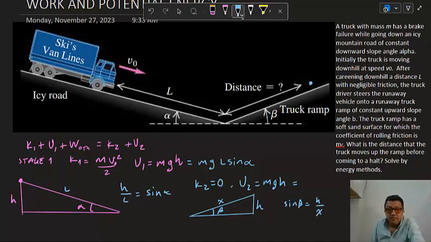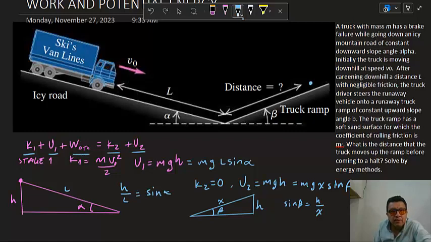Now the potential energy 2 is mass, gravity, and x sine of beta. Now we have K1, potential energy 1, K2, potential energy 2.